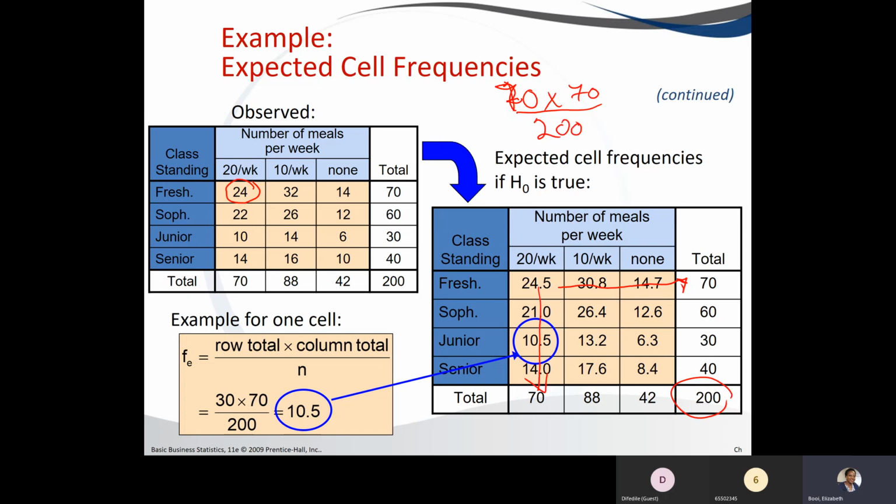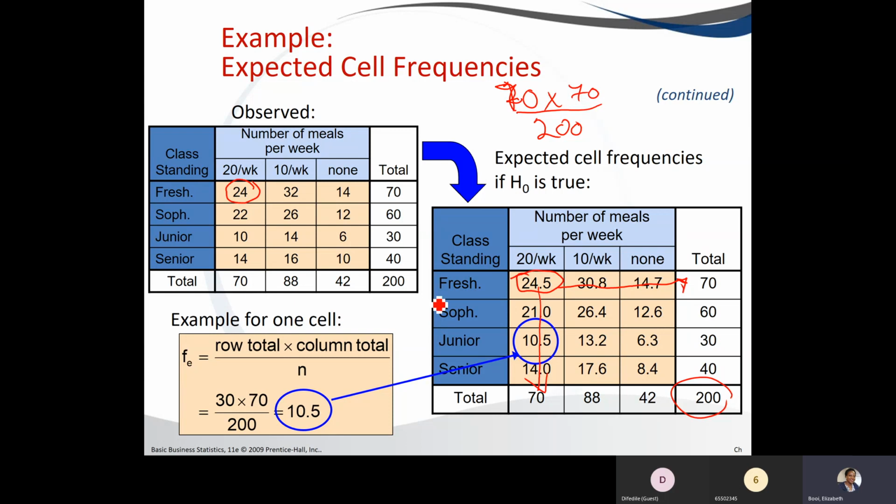That gives us 4,900 divided by 200, and the answer I get is 24.5, which is that frequency. And you do the rest of the table.